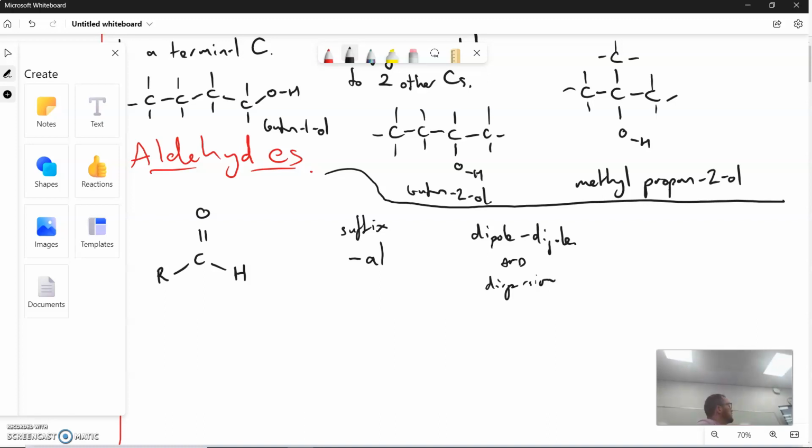Now, it's a hydrogen bonding acceptor, but not a hydrogen bond donator. So it can form hydrogen bonds with water, so polar and soluble. Yeah, it can form hydrogen bonds with water, but not with itself. Yeah. And in terms of reactions, we don't need to worry about reactions. Aldehydes are a product of a reaction, which we will explore, but not reactions of aldehydes.